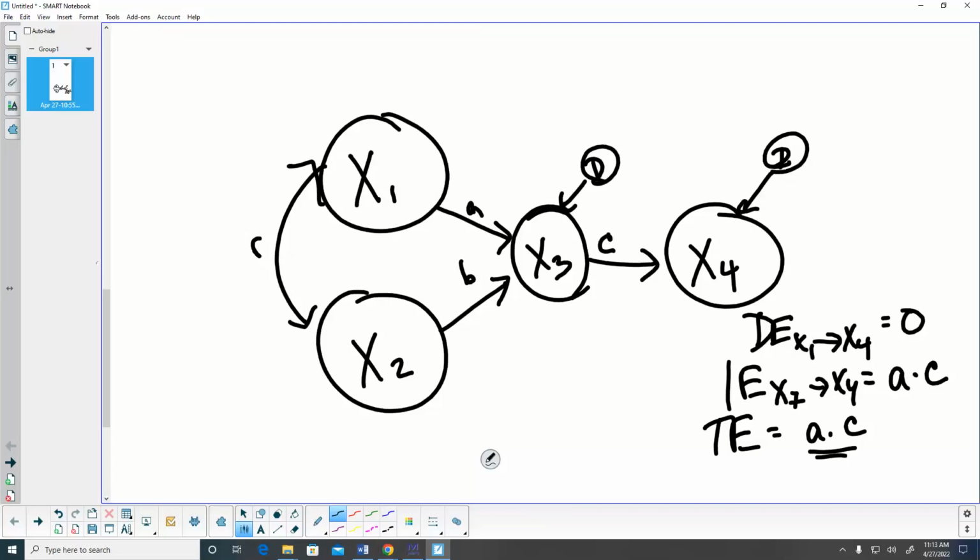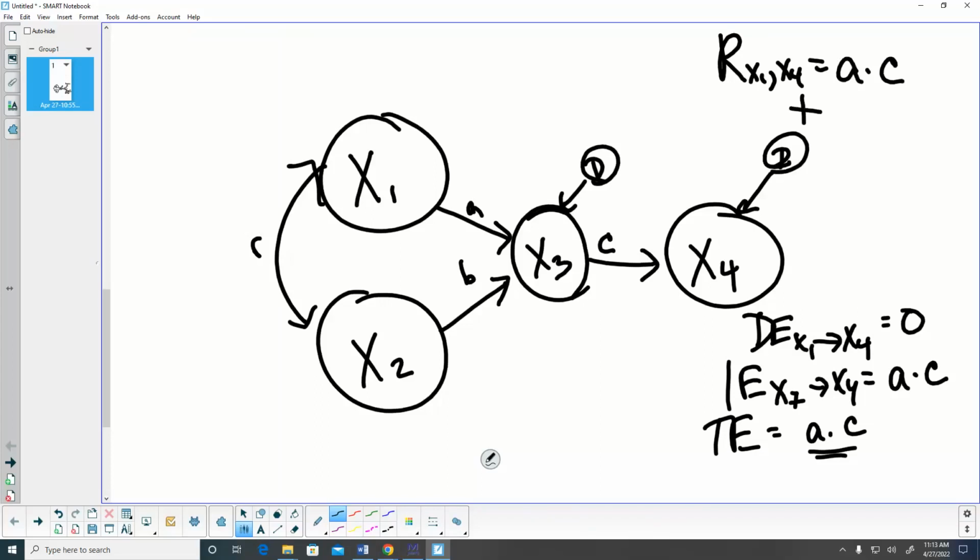So now, what's the model implied correlation between X1 and X4? Well, it's still going to be A times C. But now this is where I'm also going to use the correlations, right?